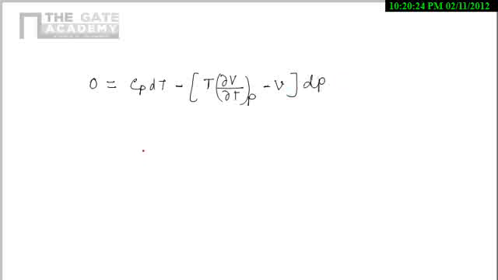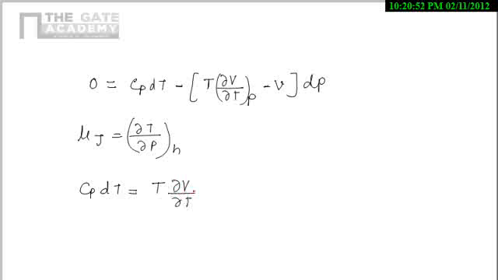So now we know that mu J is nothing but del T by del P at constant enthalpy. If I rearrange this equation, I will get Cp dT equals T (del V by del T) at constant pressure minus V dP.